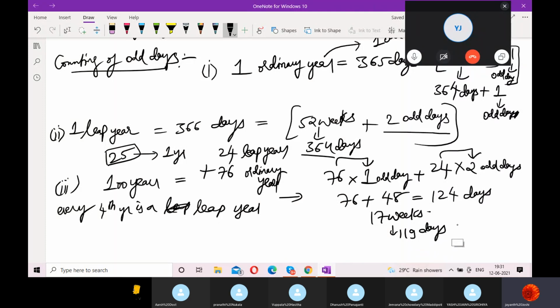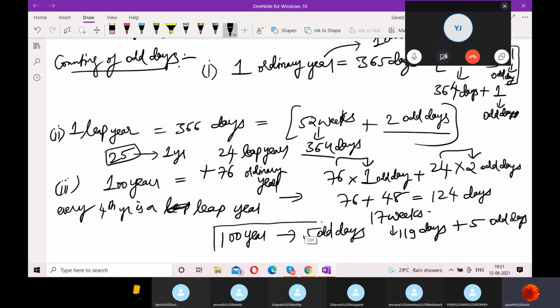But we want 124. So how many odd days? 5 odd days. So 100 years has 5 odd days. If you remember this, it is more than enough. Make a note of this.